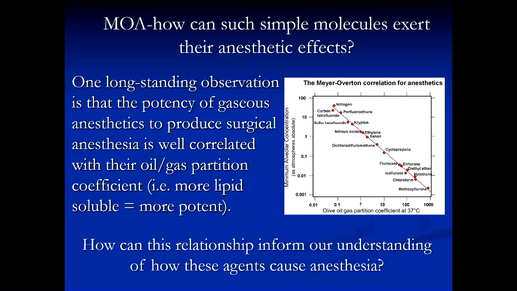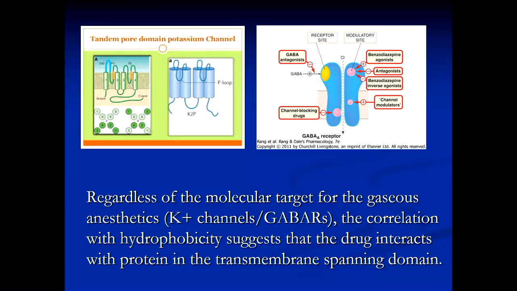So if we think about that, then what's likely going on is, in both cases, whether we're talking about GABA A receptors or these background potassium channels, there's a domain of these channels where there's a loop that forms the pore of these channels that spans across the membrane, and so that likely is going to be within the lipid bilayer in that relatively fatty, fat-loving environment of the phospholipid bilayer.